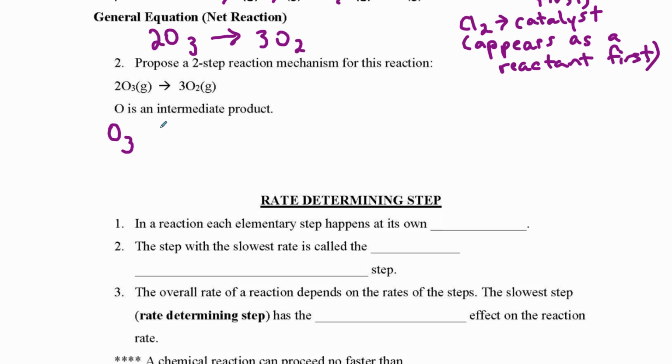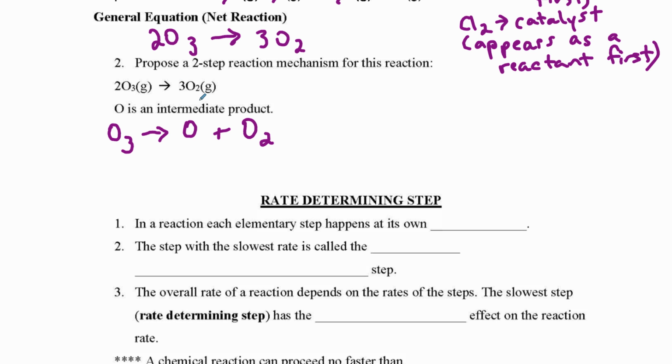Okay, so if I know I need this intermediate O and there's only 2 steps, it has to appear as a product in step 1 and a reactant in step 2. So I know I need O appearing as a product and I need this to balance. So that means I'm also going to produce an O2 here. Okay, so I've got an O because I have to have it. It's telling me it's an intermediate. And then to make it balance, I've also got an O2.